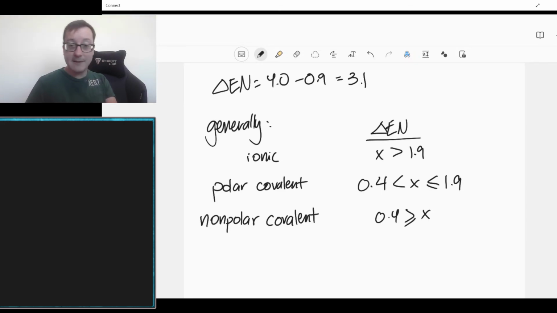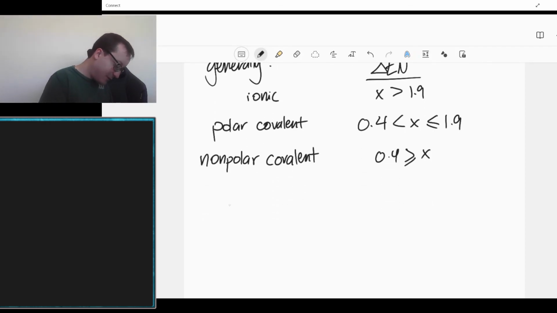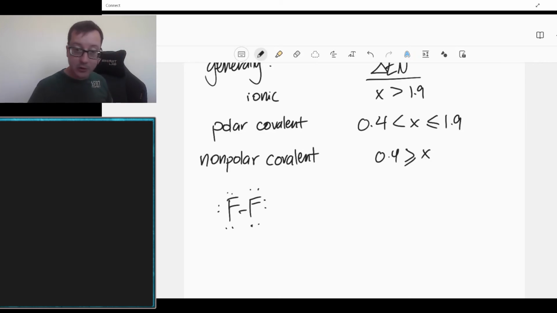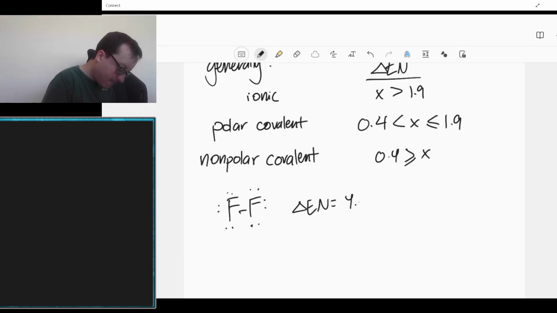So we're looking at the difference of electronegativity between things. That's something that's going to help us determine this. Of course, if you have two of the same thing, a fluorine molecule F2, delta EN is 0, right?